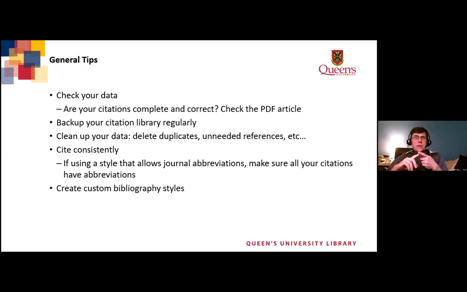Like PubMed is high quality, but with Google Scholar, I've often found that something's missing. Either page numbers are missing, or maybe the author names are misspelled, or there's some other problem like that. And so you don't want your references to have all these errors. So just double check your data and look at the PDF document for that reference, and make sure that everything matches. Because you don't want a bibliography that's full of errors.